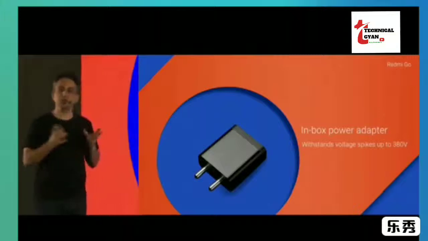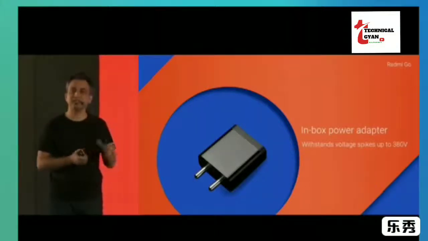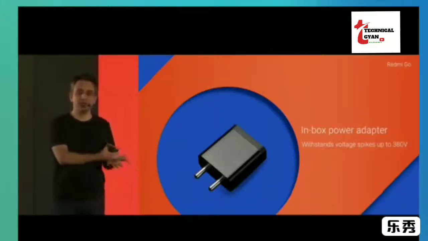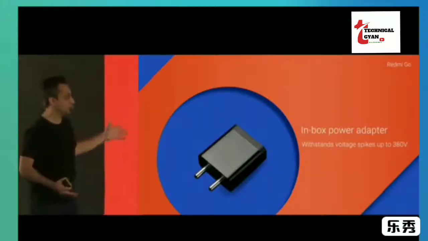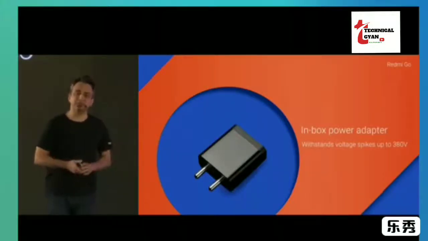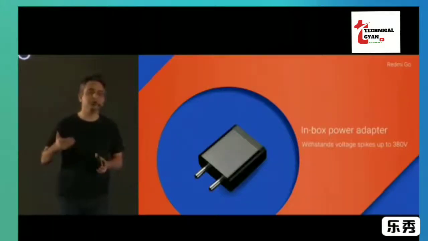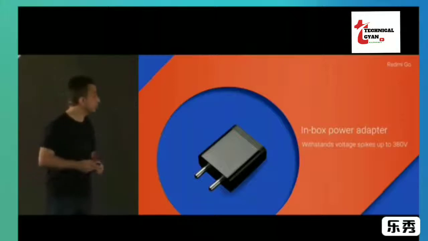In most cases, we do see spikes. In most cases, in competition devices, either the power adapter will give up, or worst case scenario, your phone will too. But on the Redmi Go, we have an adapter with inbuilt surge protection, again enhancing the overall quality and the usability of this device to last longer.